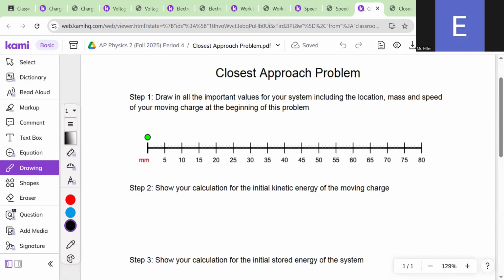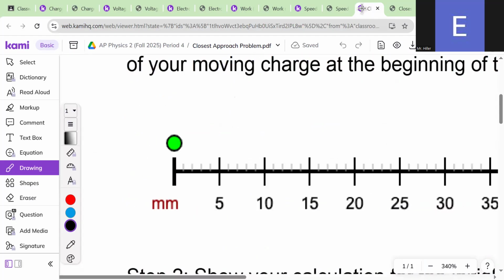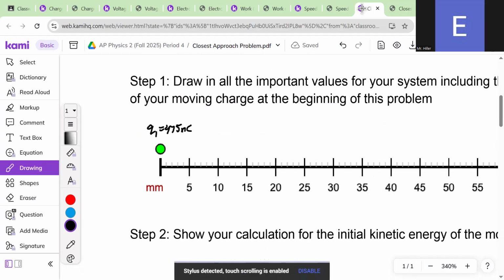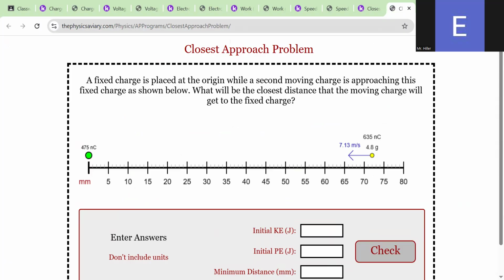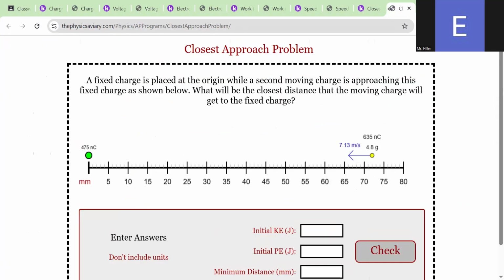First, let's actually label our info. I've got a 475 nanocoulomb charge here. I'll call this Q1. Then I have a 635 nanocoulomb charge at what looks to be 72 millimeters.